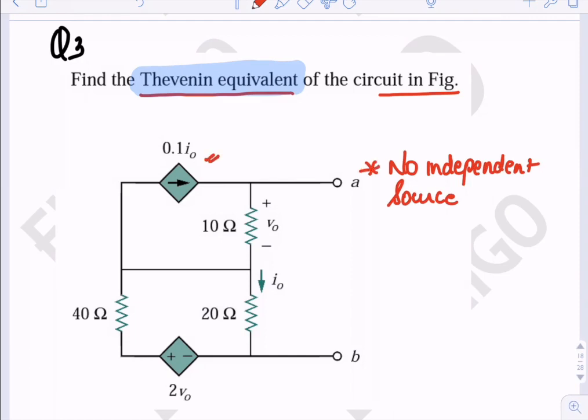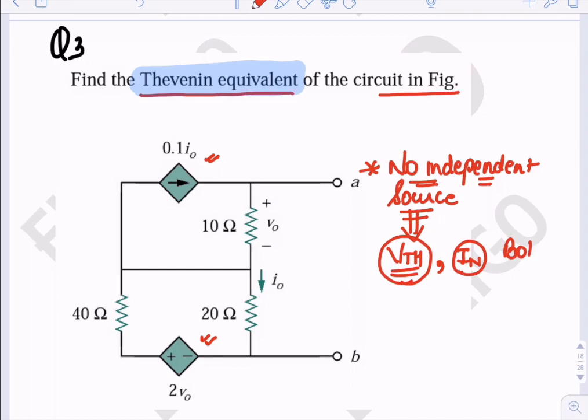This is also a dependent source, this is also a dependent source. When there is no independent source in the circuit, then the Thevenin equivalent voltage VTH and the Norton equivalent current IN both are 0.